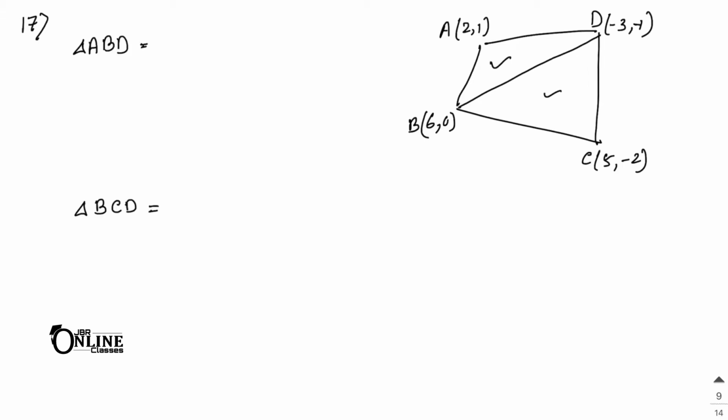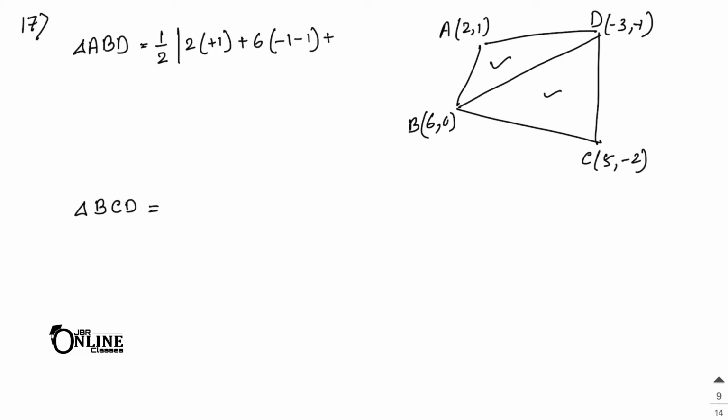So here the area of the triangle ABD equals half, and then first one will be x1, so 2, and then here y2, y2 means 0, 0 minus 1, so it will be here only 1. Then next x2 is 6, and then y3 is minus 1, then minus again 1, because y1 is 1.